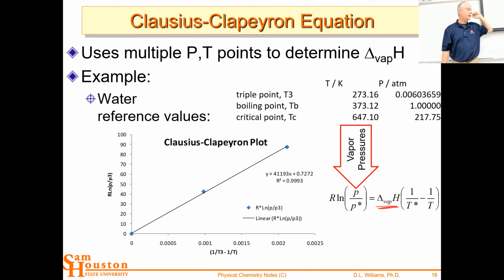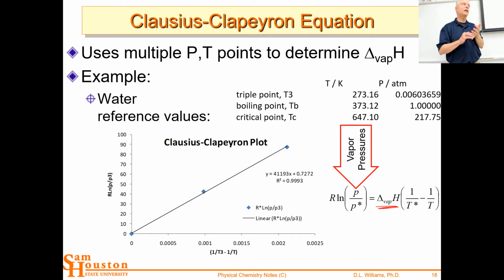But it's pretty amazing that if you plot the log of pressure, and I did this relative to the triple point for water, and then plotted on there the boiling point, and plotted on there the critical point for water. And so we're going from 273 to 650 degrees, and it's pretty linear.